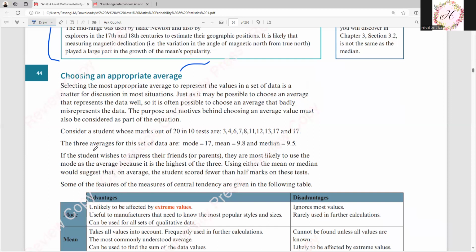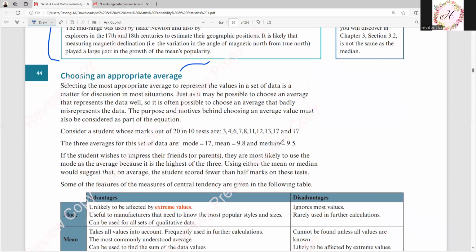Now consider a student whose marks out of 20 in 10 tests are given. These are the marks for 10 tests. The three averages for this set of data: the mode, meaning the highest frequency value, is 17. The mean, adding those and dividing by the number of elements, is 9.8.